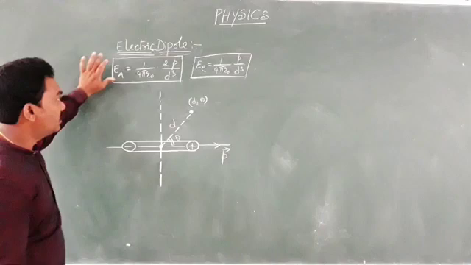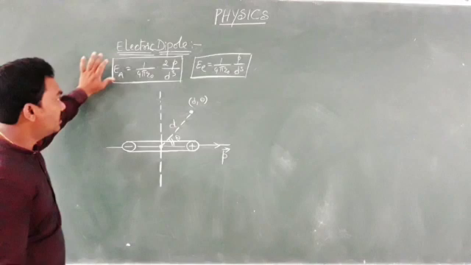Your P bar can be taken into two components. One is P cos theta along this line, and another one is the perpendicular component, P sin theta.